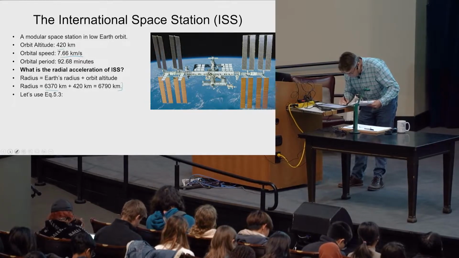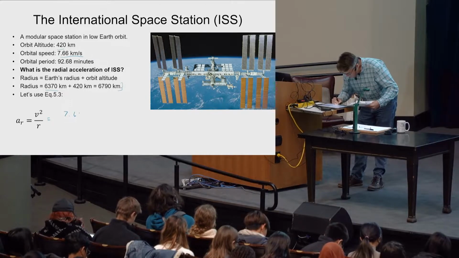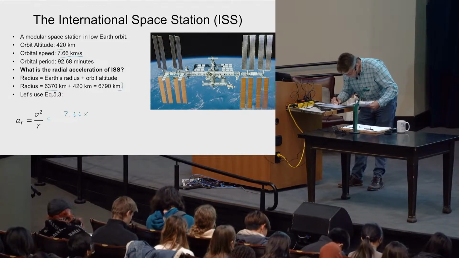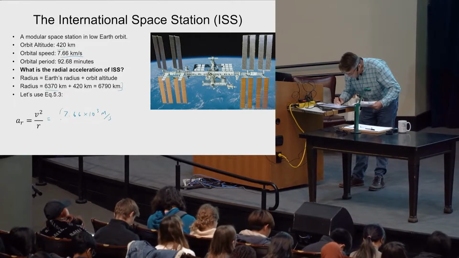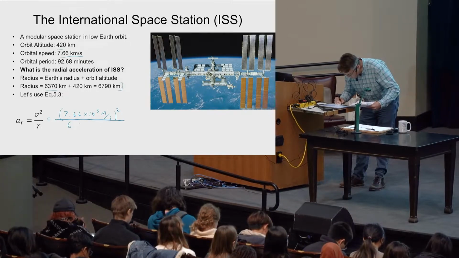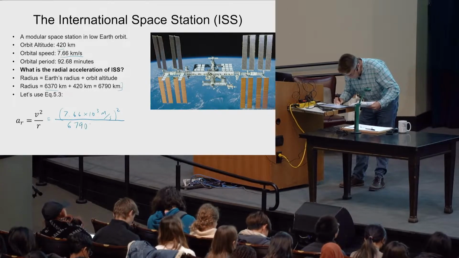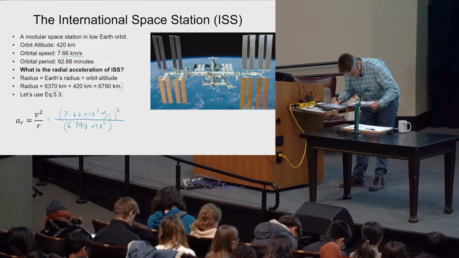So equation 5.3 for acceleration would be 7.66 kilometers per second, so 7.66 times 10 to the 3 meters per second. We have to square that and divide it by 6,790 kilometers. Again, I like to convert things to SI units, just meters.